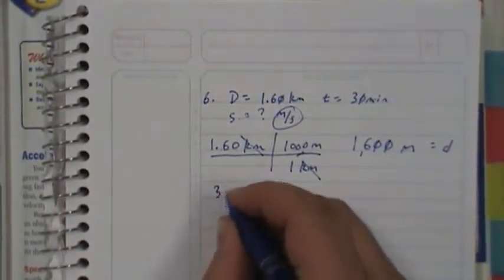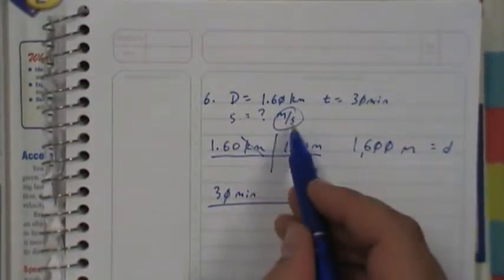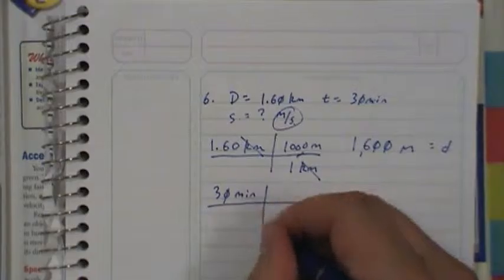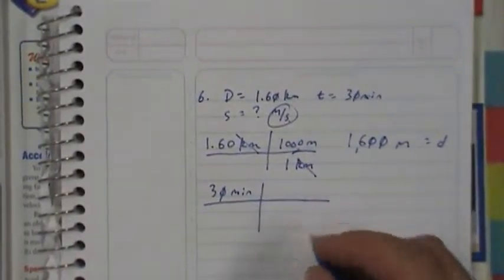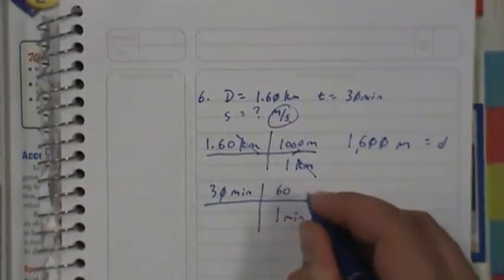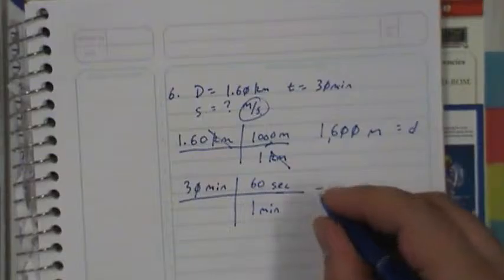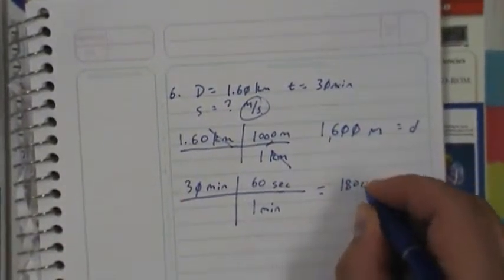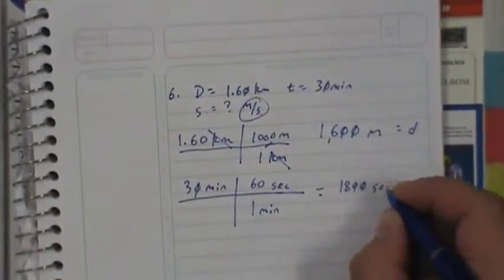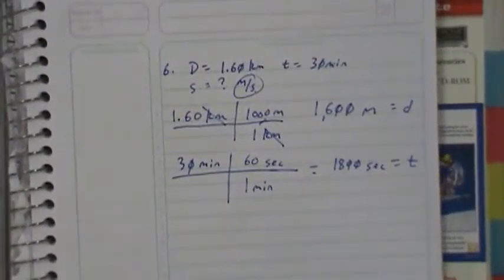Time starts out from the given information of 30 minutes, and we're trying to get it into units of seconds. So to convert into seconds, I know that 1 minute has 60 seconds in it. And so I'm going to multiply 30 by 60 to get 1800 seconds. And now that's our time in the correct units.